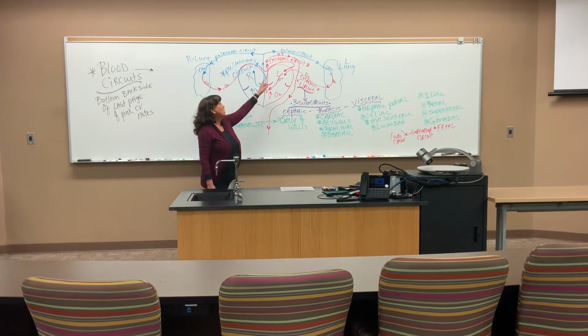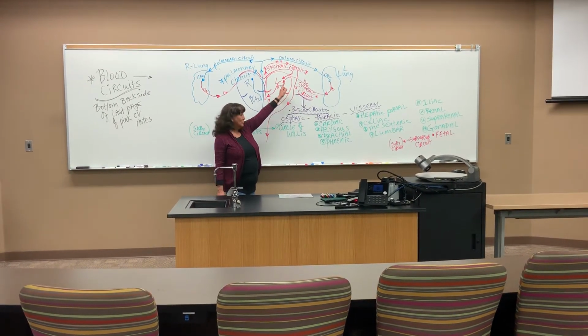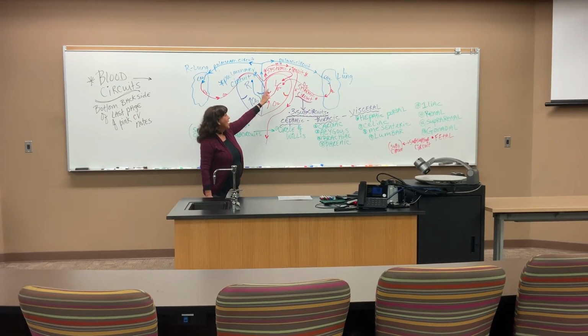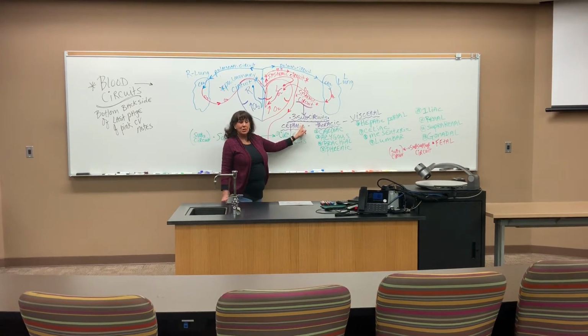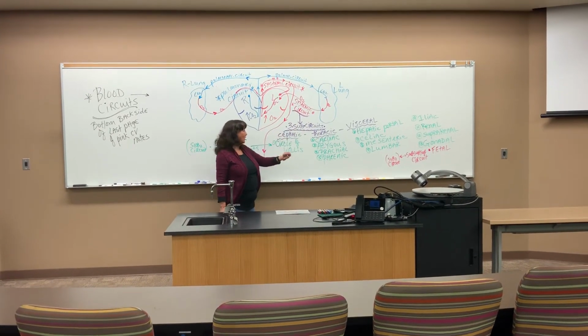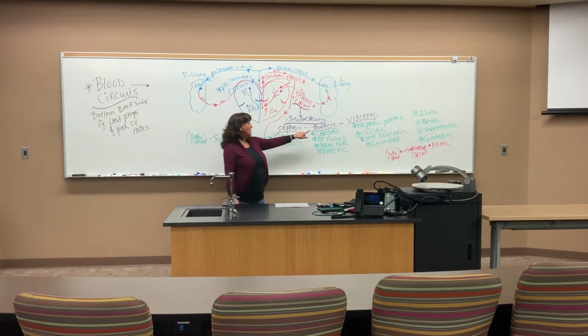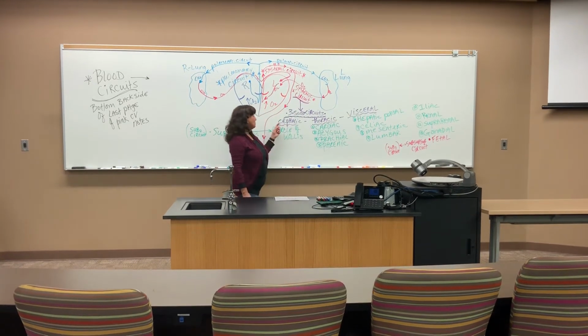Now, the systemic circuit breaks down into more specific ones. And so these are all listed on your pink sheet, of course. The systemic circuit is going to break down into 3 subcircuits, a little more specific. So we have the cephalic subcircuit, we have the thoracic, and we have the visceral. So what does that mean?